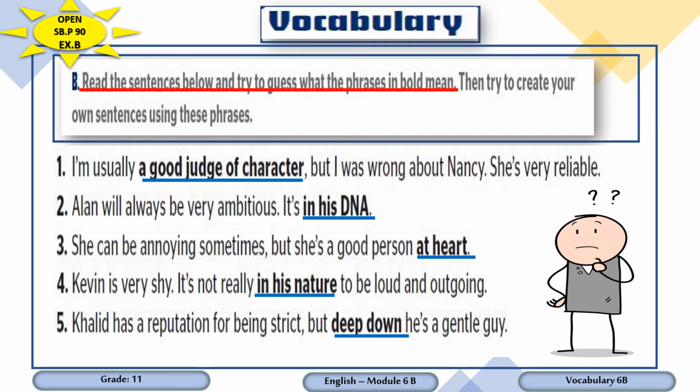So, dear students, please read the sentences 1 to 5, then try to guess the meaning of the 5 phrases. After that, please don't forget to create your own sentences using these 5 phrases and show your sentences to your teacher. Thank you.